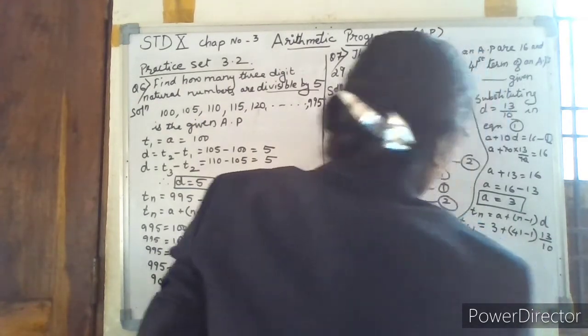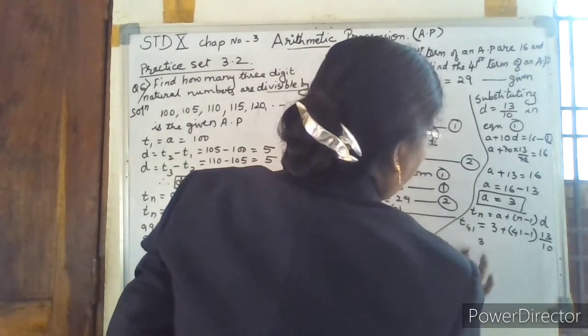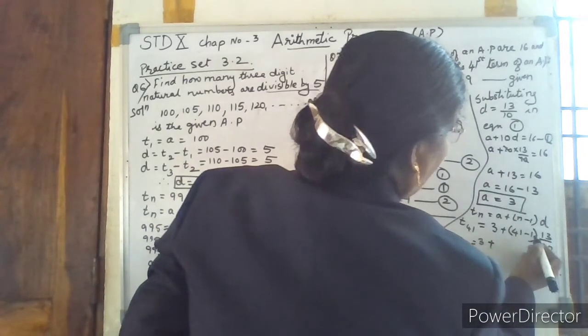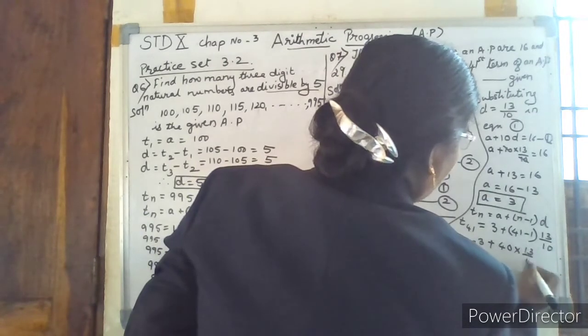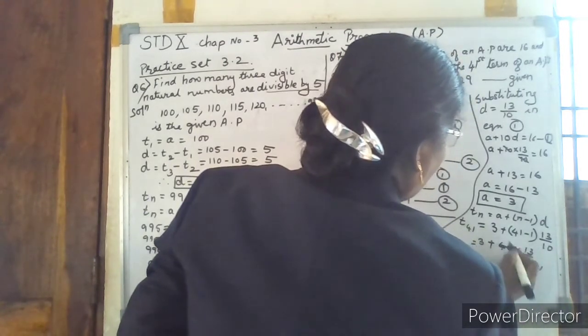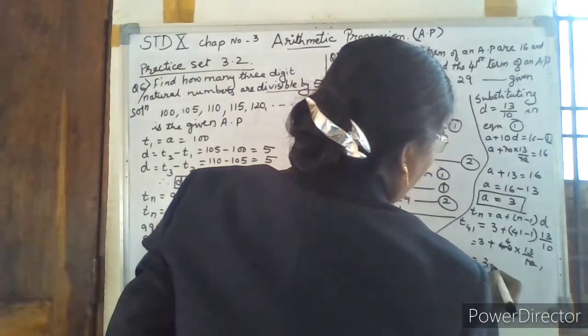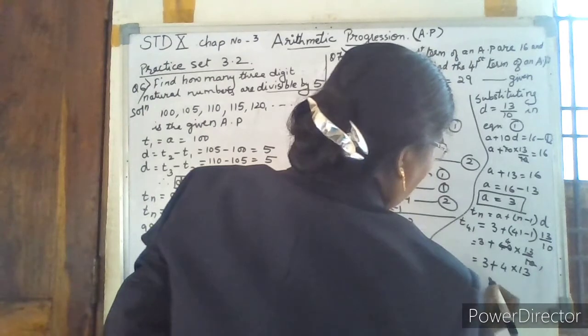So this is 3 plus 40 into 13 by 10. Ten ones are 10, ten fours are 40. So this is 3 plus 4 into 13.